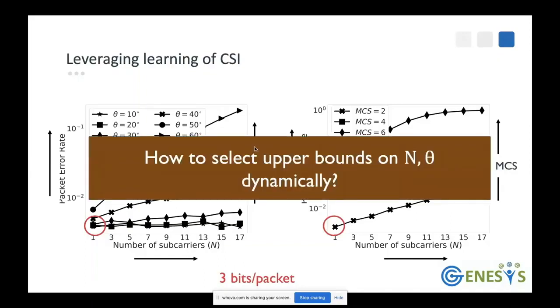So we need to improve the number of bits that we can stuff. We'll have to find some upper bound on n and theta. Here n is the number of subcarriers and theta is the maximum phase distortion that we can add. So we have to select these values dynamically so that the packet error rate will always be within some threshold.